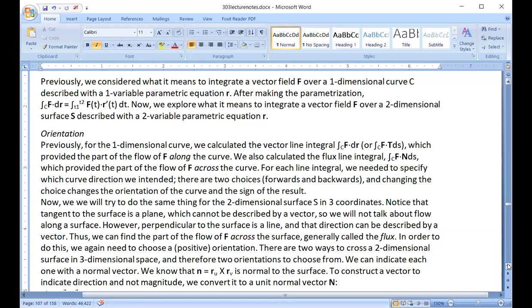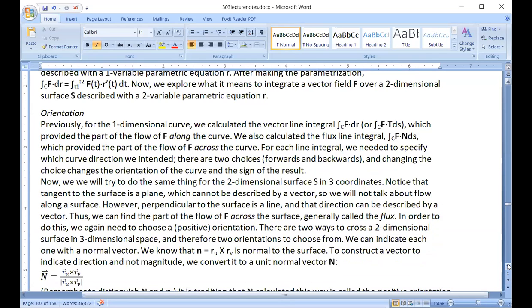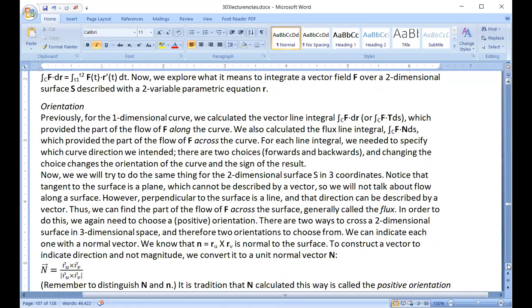That we call big N. So we are now going to use sometimes the unit normal vector big N. Super important, as you do your calculations, remember to mentally distinguish between little n and big N. Little n is your standardly constructed normal vector, but it has a magnitude.